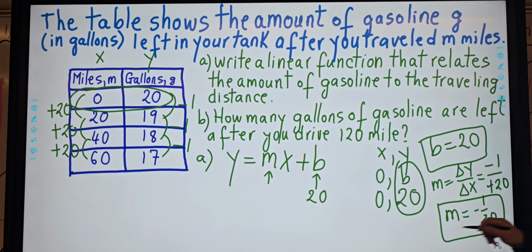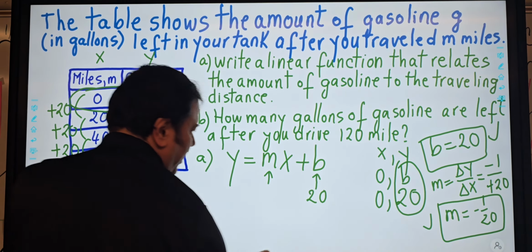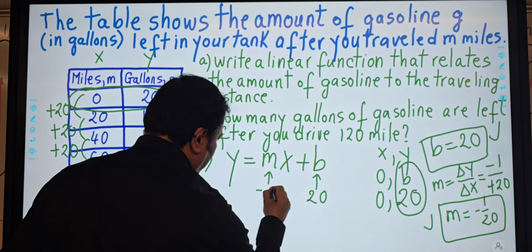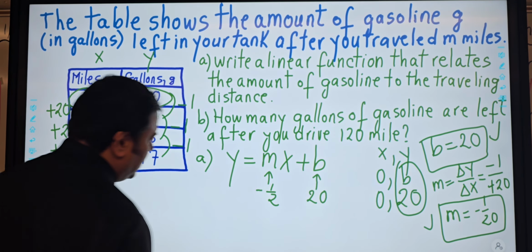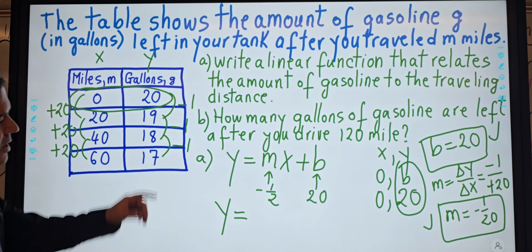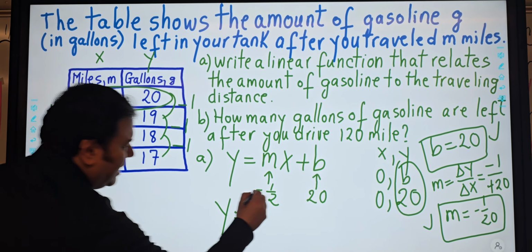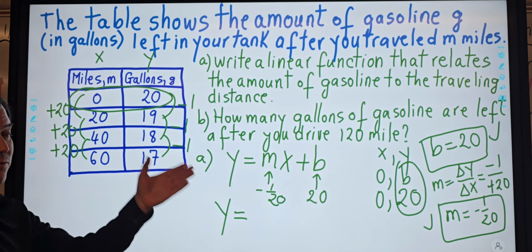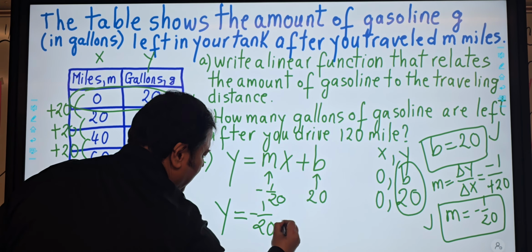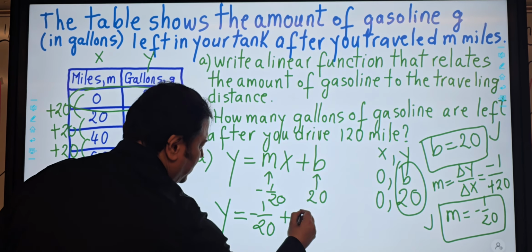So we've got an m, we've got a b, and now we can write the equation. The m is negative 1 over 20, so our equation is y equals negative 1 over 20 x, plus 20.